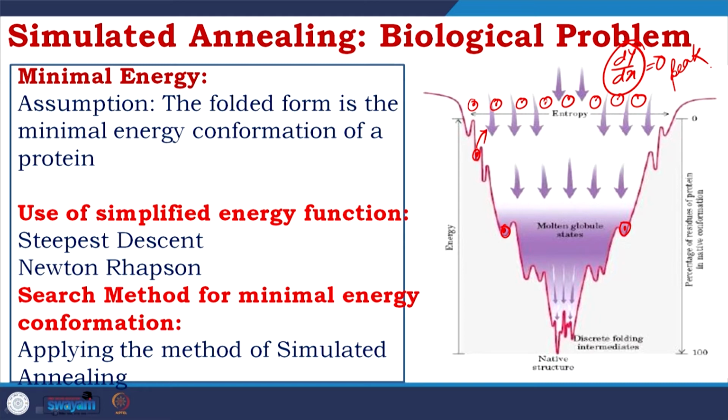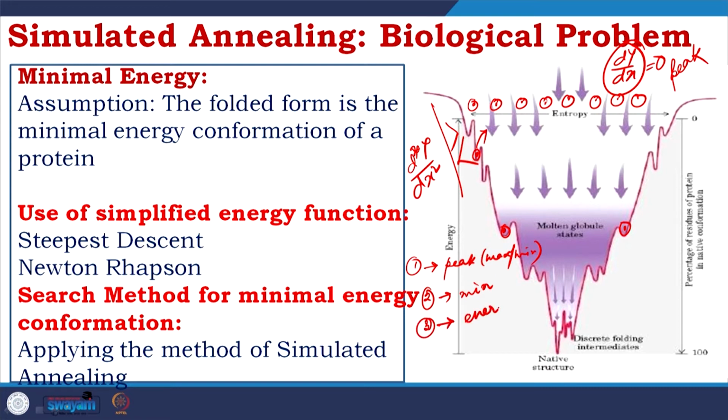Now, you do the double derivative d2y/dx2, whether it is greater than 0 or less than 0 tells you if it is a maxima or minima. So, first you know it is at a peak, maxima or minima both. Now you confirm it is in the minima.